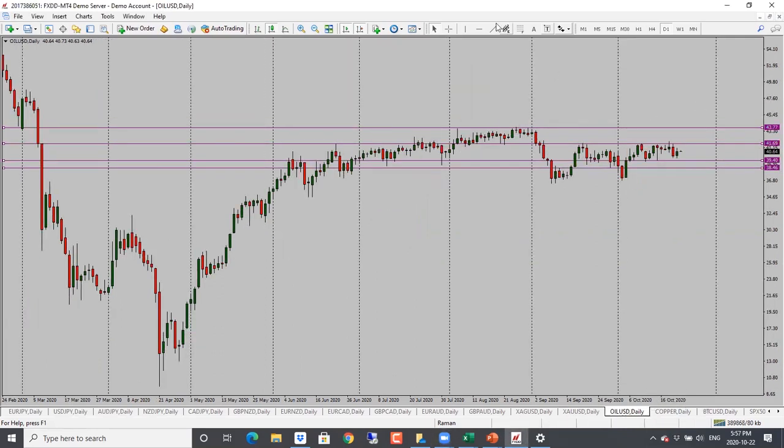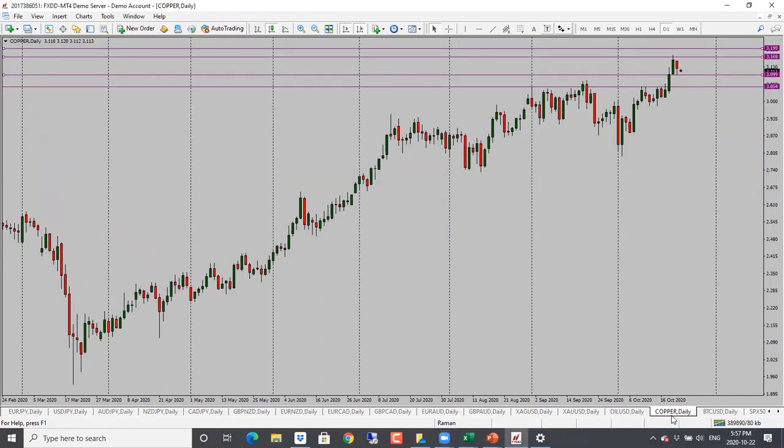Oil still stuck in this range, couldn't go through the support level. So now it's bouncing back up. And as such, I'm just looking for a range bound move between 41.70 and then 39.40. So neutral bias for oil here. Copper couldn't make it through the resistance level, and we have a drop.